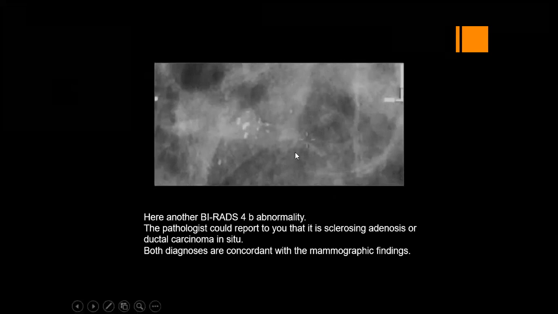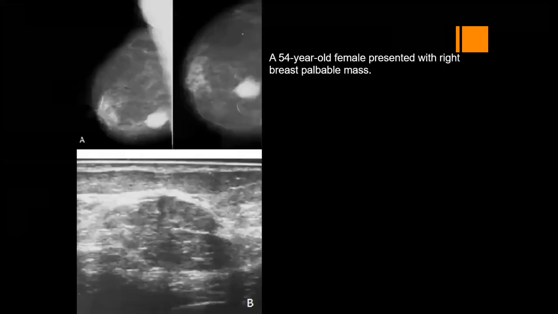It can be benign, it is BI-RADS 4B. The result was adenosis, sclerosing adenosis, and ductal carcinoma in situ. So the pathology is concordant with the imaging; both can result in this appearance.